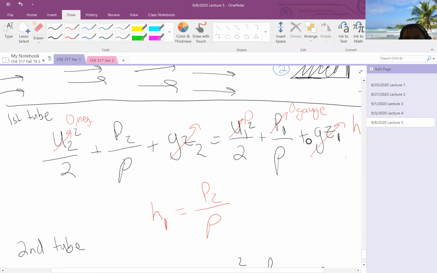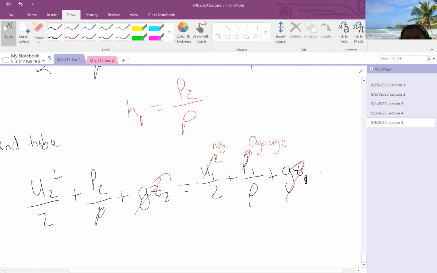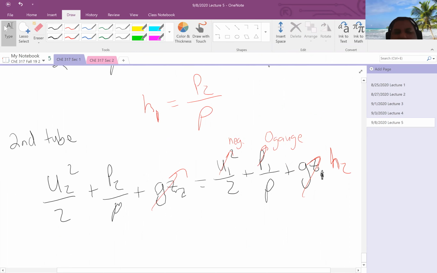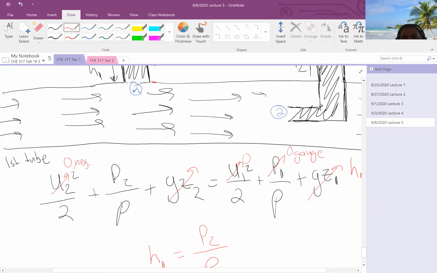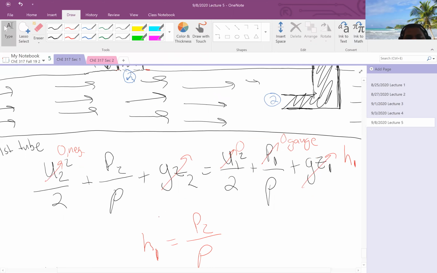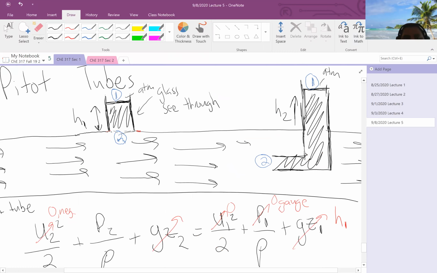P1 is atmospheric or 0 gauge. My Z2 minus Z1 is going to be some height. Not really super concerned about the actual height that it is. But the entrance now is within the flow field, so I expect that fluid right there to have some velocity. And so now that height is measuring both the pressure energy of the system, as well as the kinetic energy of the system.